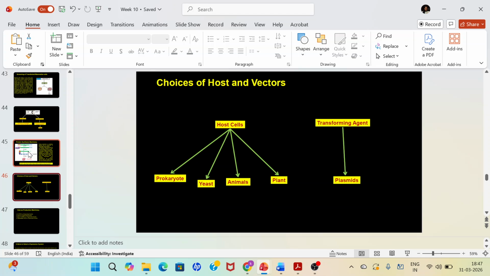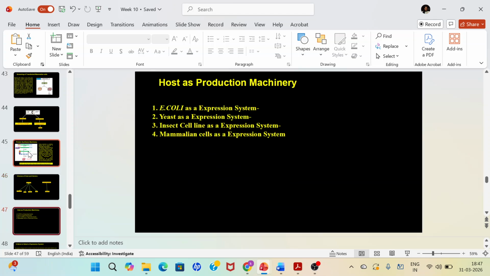Then depending upon the host and the vector, the cells are used, as I've told you. Now here, when we are going for the protein synthesis machinery, when we actually want to express a particular protein, then the host production machinery, the cells which should be used for an expression system, should be chosen properly.